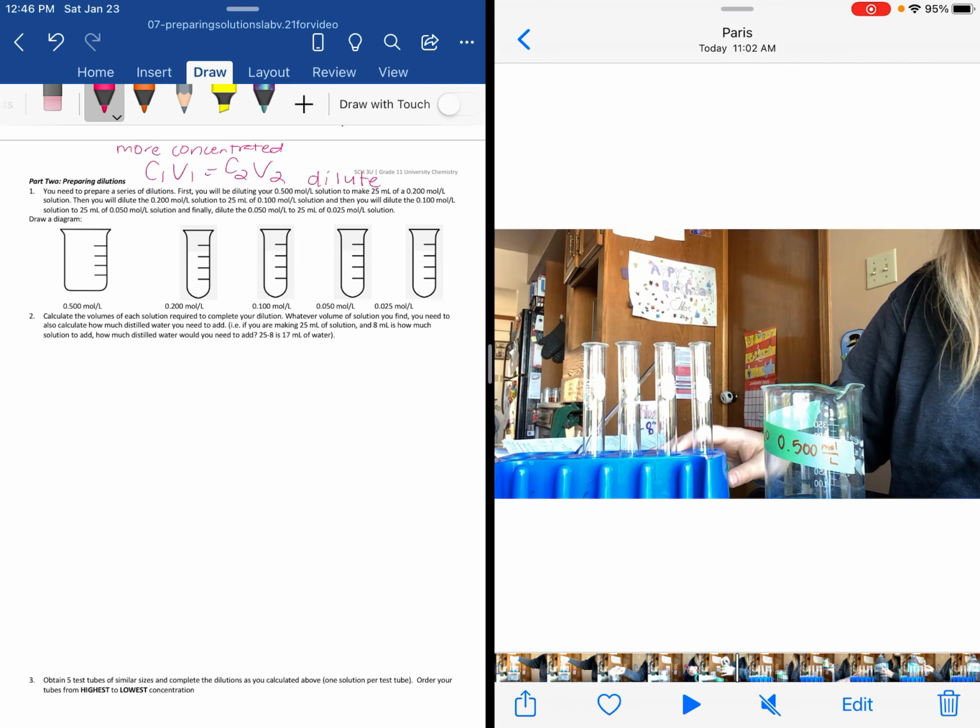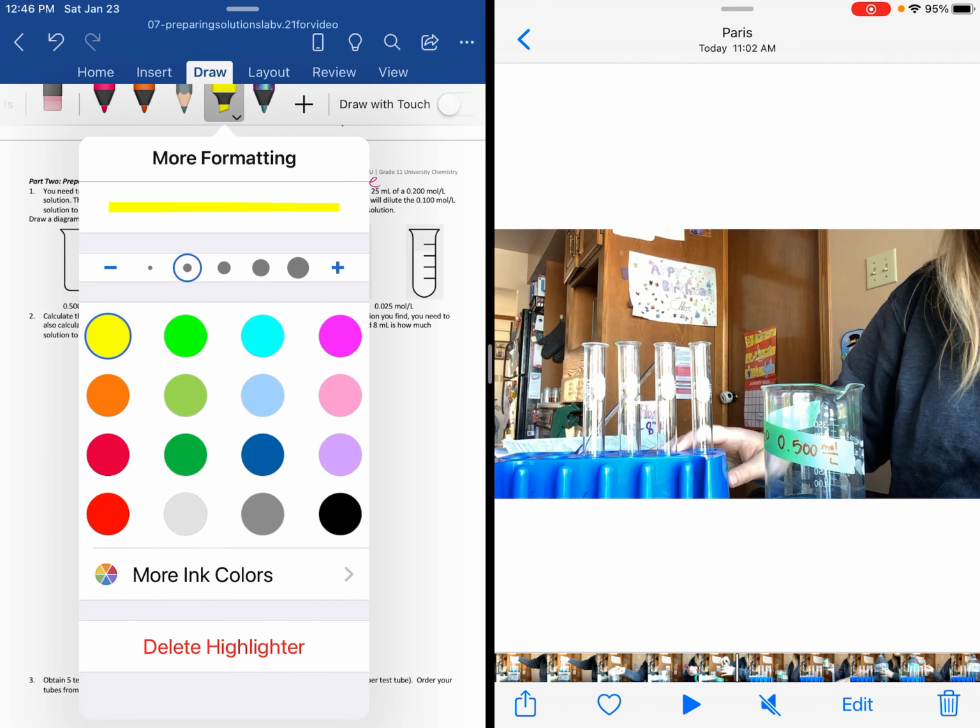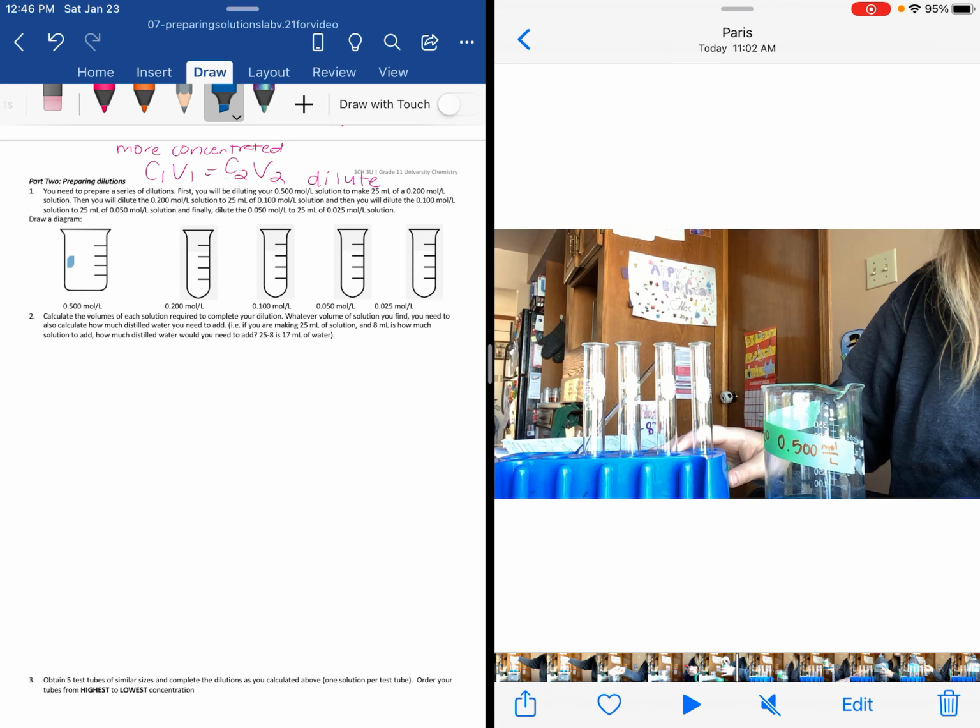Okay, so here, this little picture, you can see it sort of looks like the video, right? We have a nice blue solution that is 0.5 molar. And then we're going to make a series of dilutions. So it says, number one, you need to prepare a series, okay?